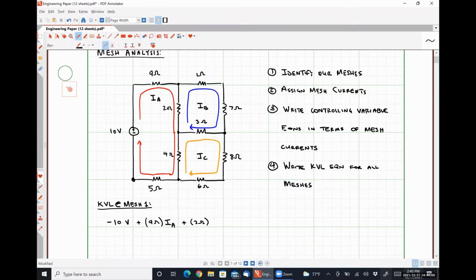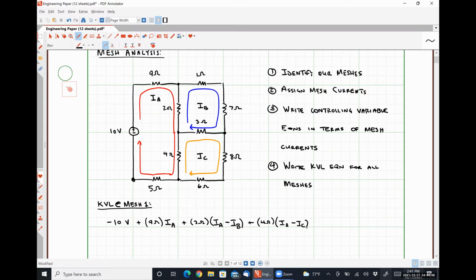So when we're following IA around its path, it's going to get the positive sign, and the current that is in the opposite direction is going to get the negative sign. So we're going to have IA minus IB. We move down to the 4 ohm resistor, and it's going to have IA minus IC because it has an entirely different mesh current opposing the flow of IA there.